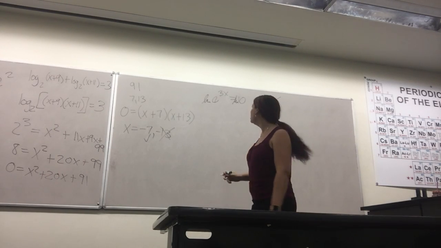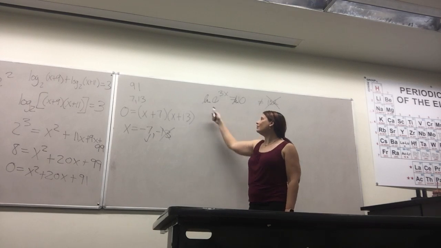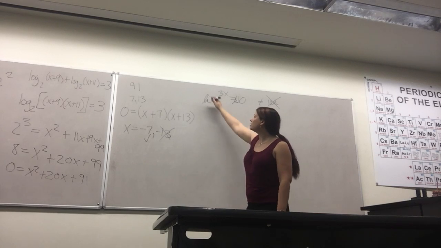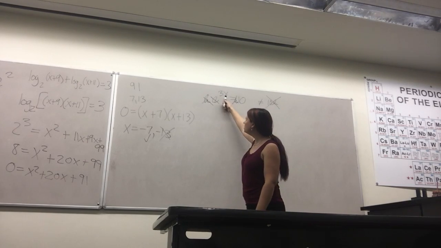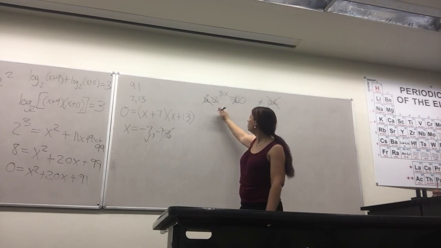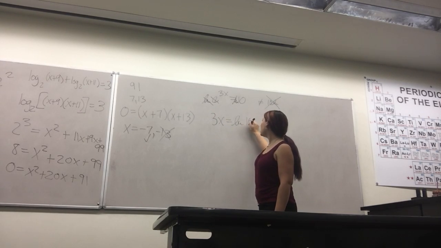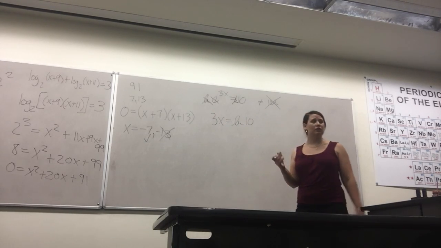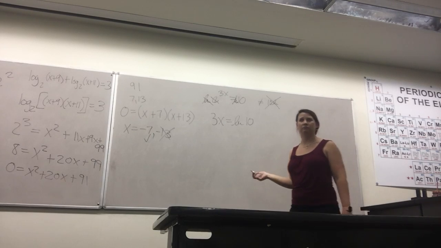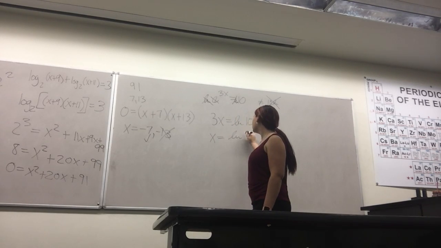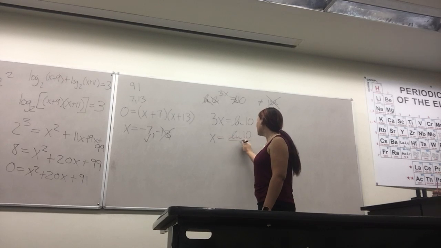Okay? So then what does this simplify down to on this side? Just 3x, because the natural log and the e cancel, so then the 3x drops down. So 3x is equal to the natural log of 10, and then just divide by 3. So then x is equal to the natural log of 10 divided by 3.